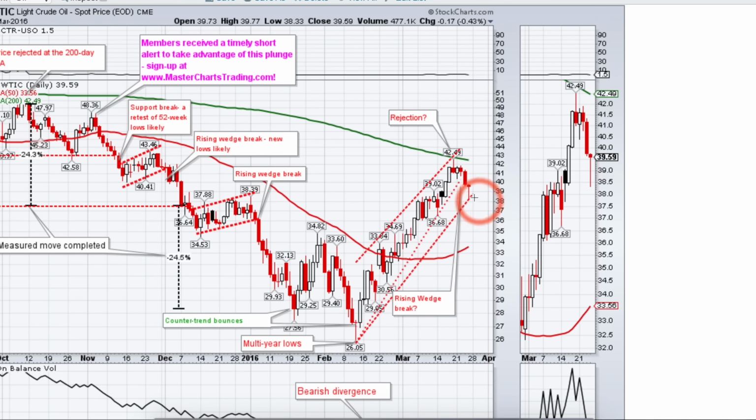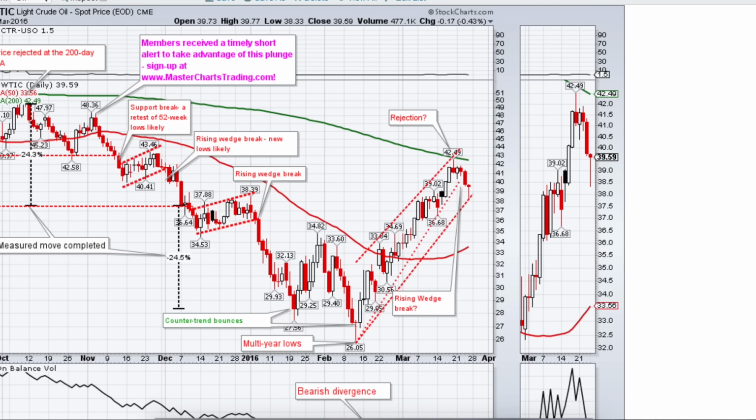Now, if we do see a lower low in this short-term time period, once again, as with the S&P 500, most likely the algorithms will step in and try to push the prices lower. It hasn't happened yet, but like I said, it's difficult to draw in a pattern that would be suitable for the algorithms. We don't know what exactly algorithms are looking for.